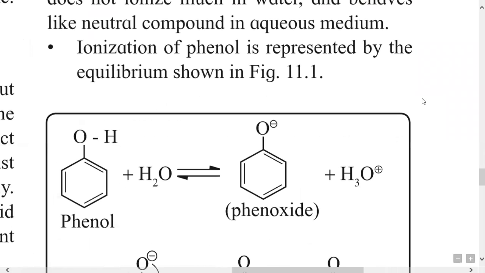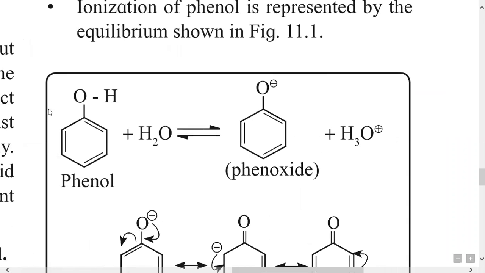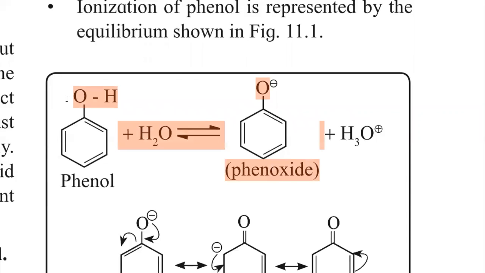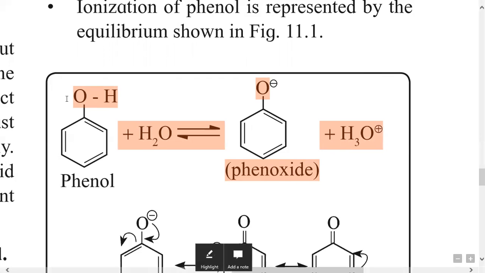But if you compare the ionization of phenol, the equation is this: phenol structure. When H2O is added, it undergoes ionization and gives phenoxide ion and hydronium ion. This phenoxide ion is similar to alkoxide ion.